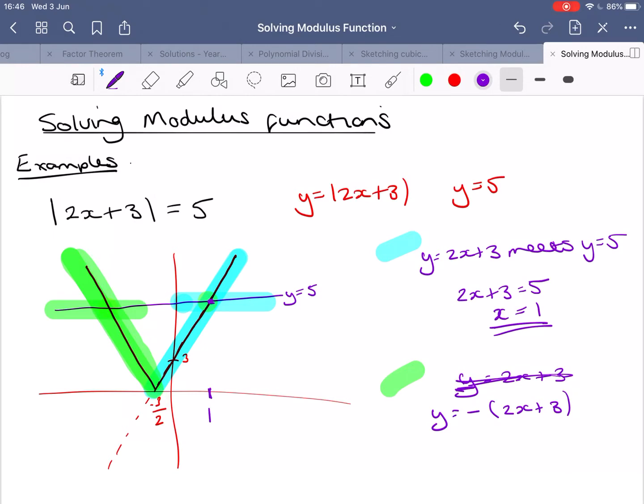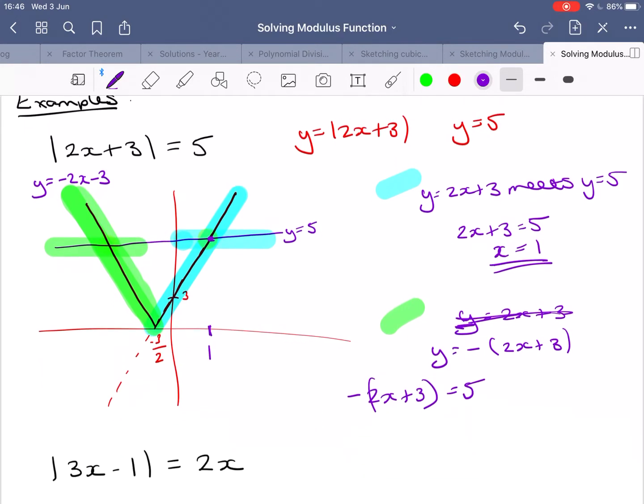So it actually becomes the line y equals minus 2x minus 3, or a section of that line. So to find where the green lines intersect, I actually want to make minus 2x minus 3, so the negative of that modulus function, equal to 5.